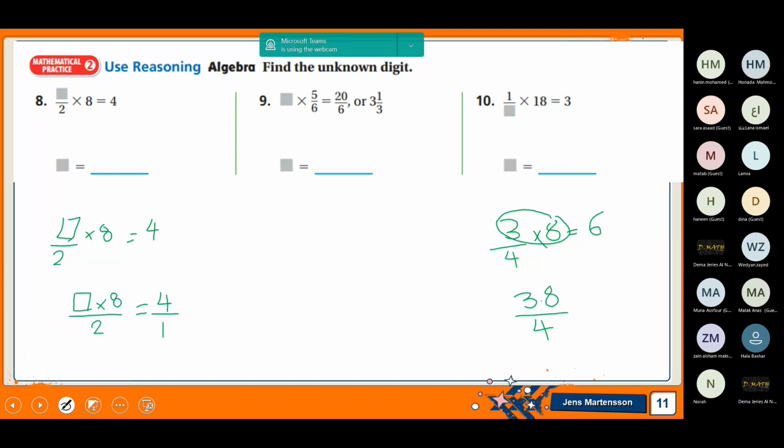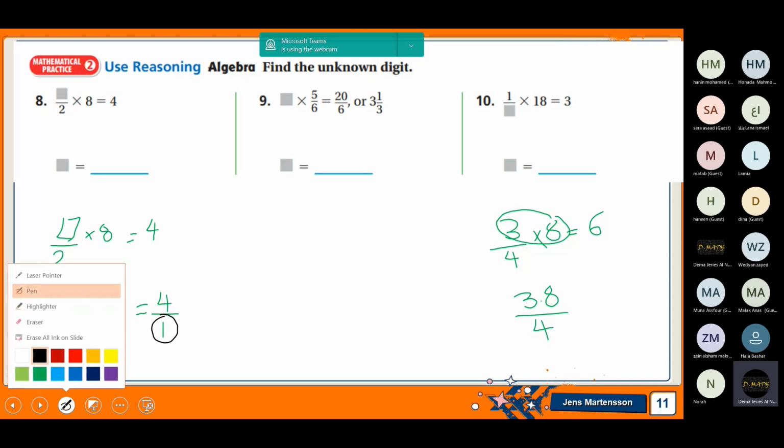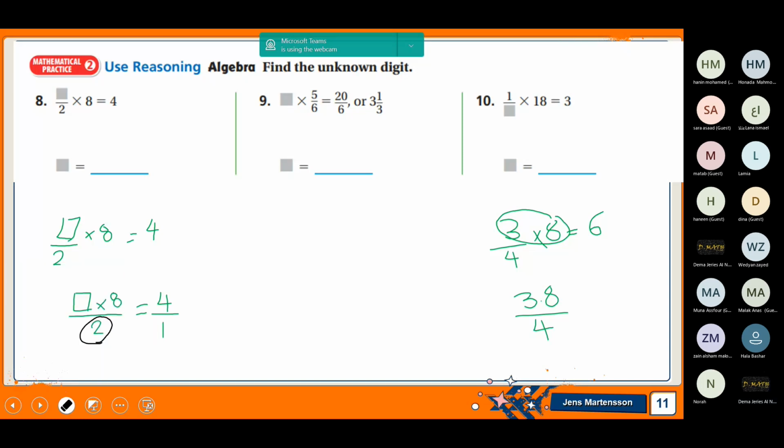Then, in order to find the square, if you look at the denominators, they are not the same. I want to make them equal. How can I make 1 to be 2? What is the number that you multiply by 1 to get 2? 2.